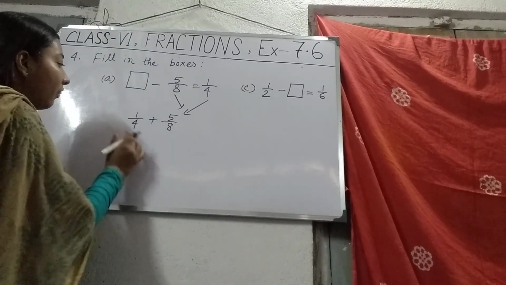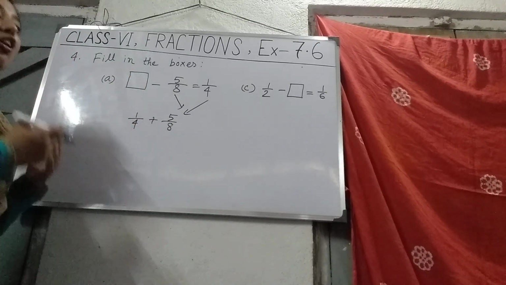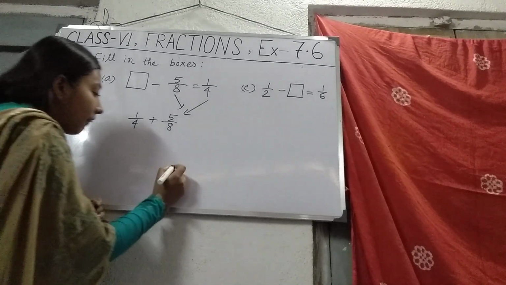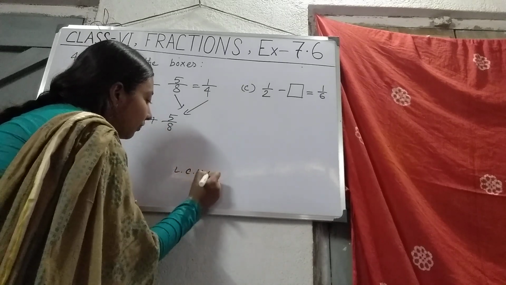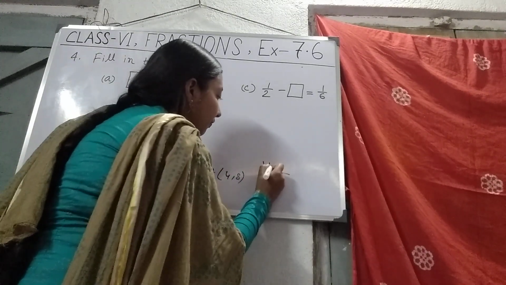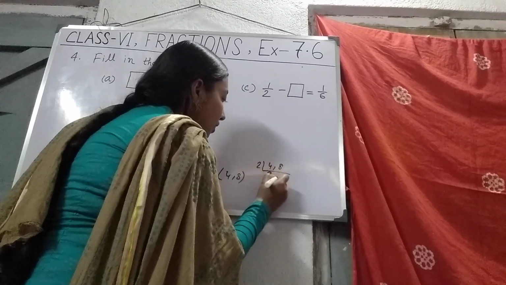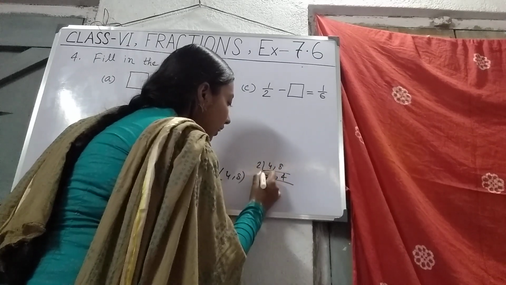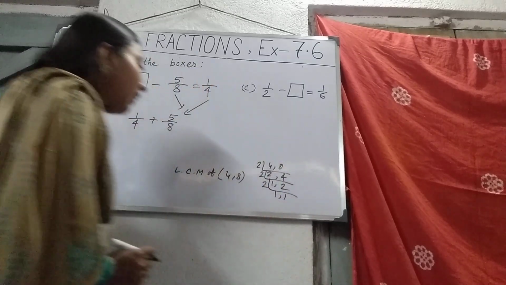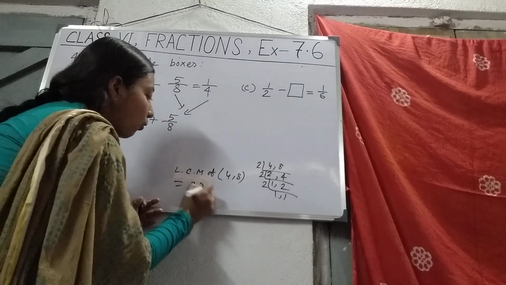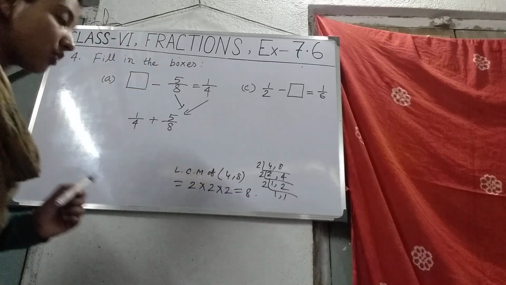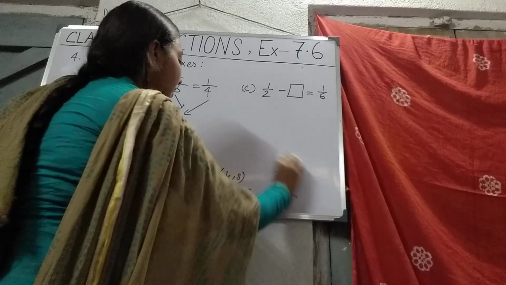Okay. Now here both the denominators are not same. So we have to take its LCM. That means the LCM of 4 and 8. That comes 2 2s are 4, 2 4s are 8, again 2 1s are 2, 2 2s are 4, again these are the factors. That means 2 into 2 comes 8. So for LCM it is 8.